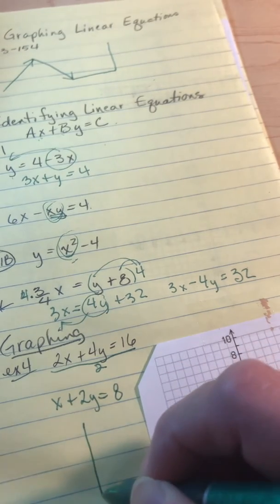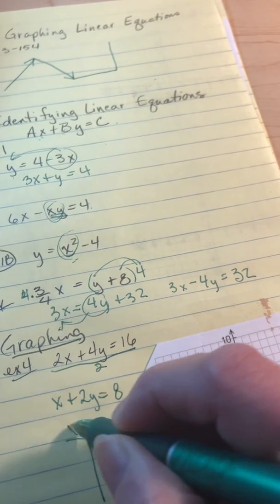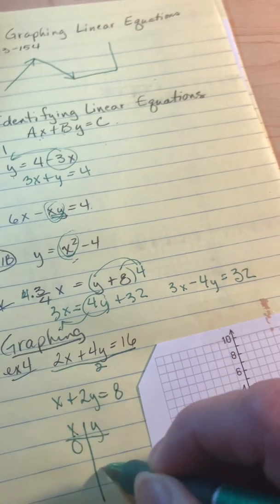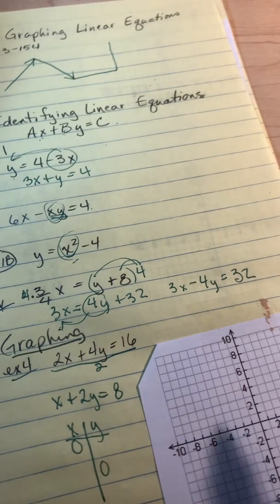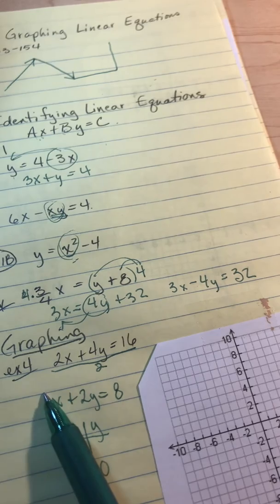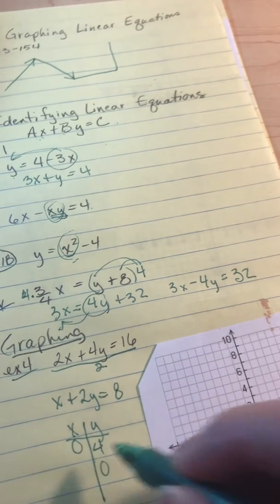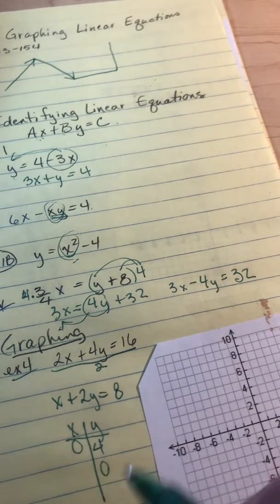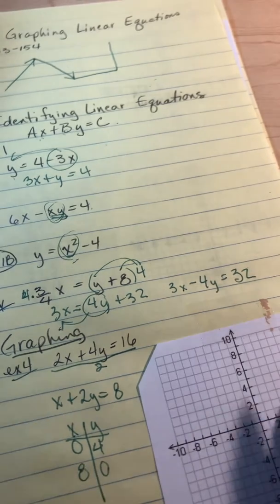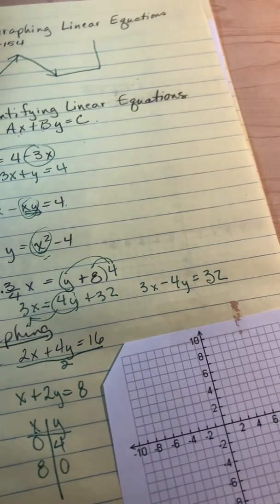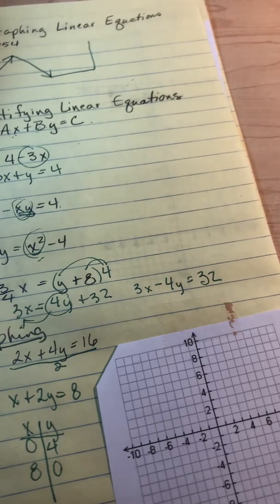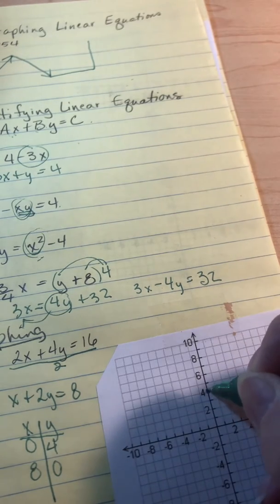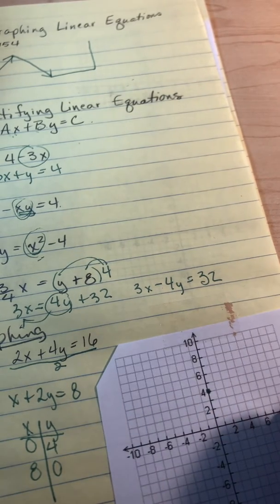And the easiest way to graph it is to say, what happens when x is 0 and what happens when y is 0? Those are my intercepts. If x is 0, y equals 4. If y is 0, x equals 8. Those are the only 2 points I need to graph my line. So y is 4, x is 8.